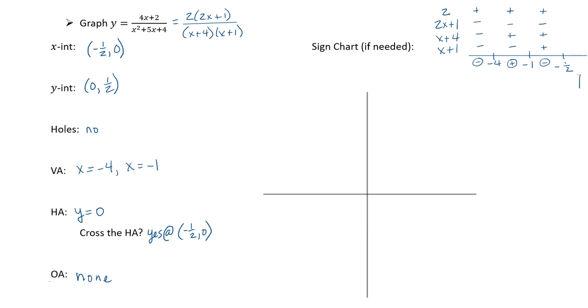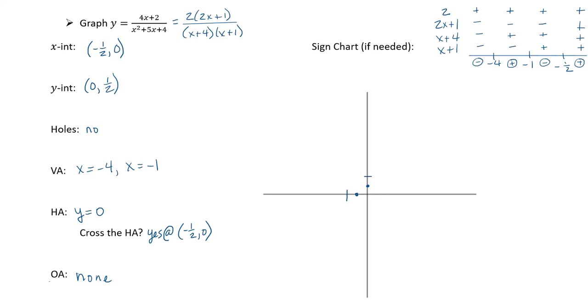One last interval to check. Let's test 0. 2 is always positive. 0 plus 1 is positive. 0 plus 4 is positive. 0 plus 1 is positive. This is a positive interval. Now let's graph the features we have. I have (-1/2, 0). I have (0, 1/2).